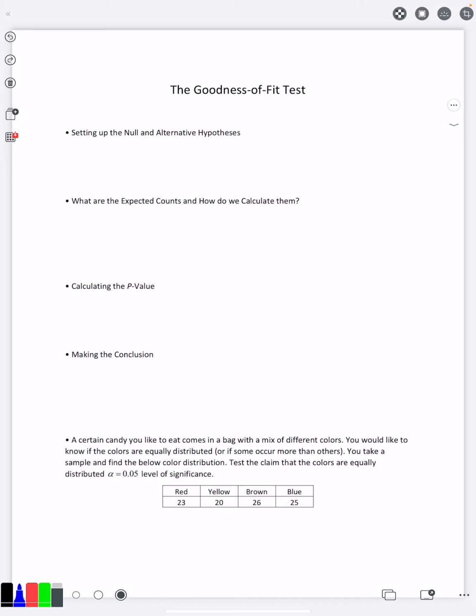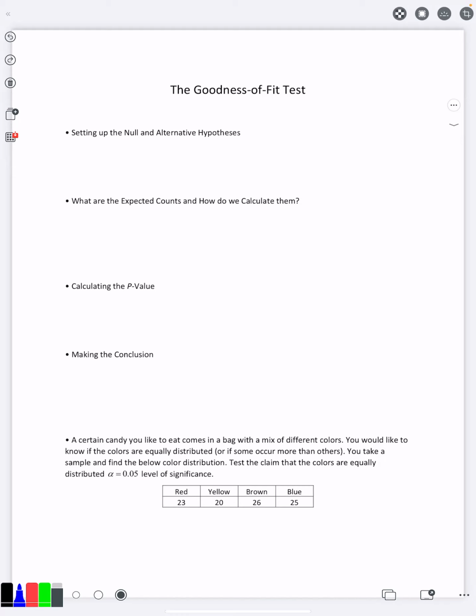Right? So you might be interested in that in terms of the candy, or maybe something a little bit more serious. What if we wanted to analyze whether prisons were putting people away disproportionately based on their race, let's say? What you could then do is look at the population and how it breaks down by race, what percentage are this, what percentage are that, and so on. Then you look at the prisons and you say, okay, what percentage are this, what percentage are that, and so on.